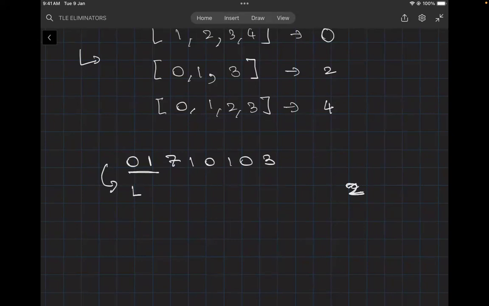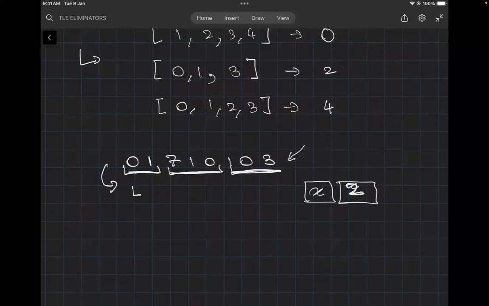As you can see, this is one subarray, this is another, and this is the third. Do you guys follow till here? Let's assume the answer had max x. We don't know it yet, but there is some x such that the answer is present, and there are some subarrays such that the max of each subarray is x. Is this much clear?